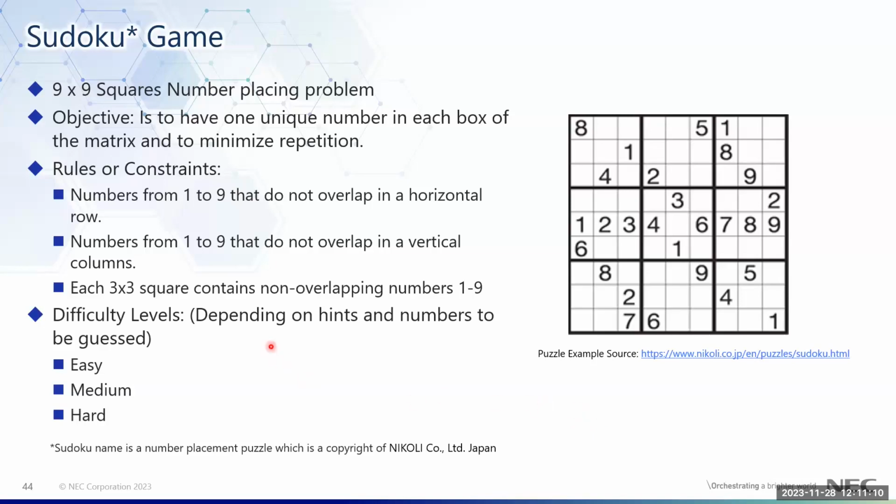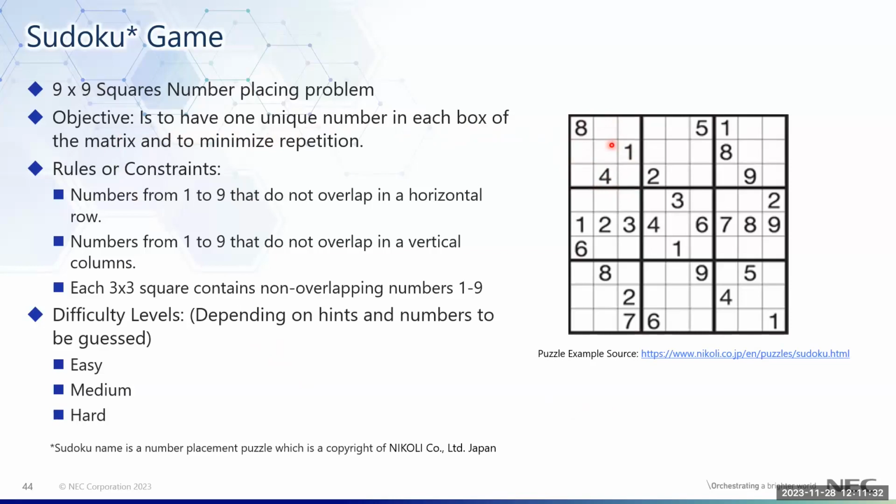A little bit about what Sudoku is, I think everybody knows, but in terms of objectives and constraints, let's just reiterate. The objective is to have one unique number in each box of the matrix, and to minimize the repetition. That is the objective, that the repetition should be minimum.